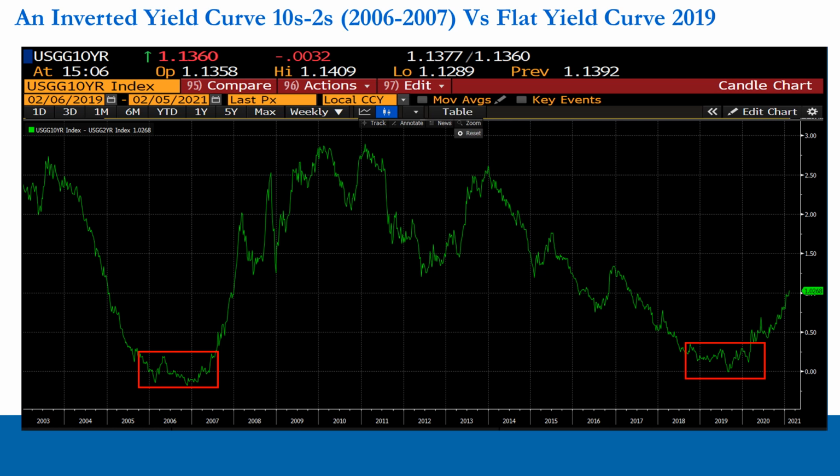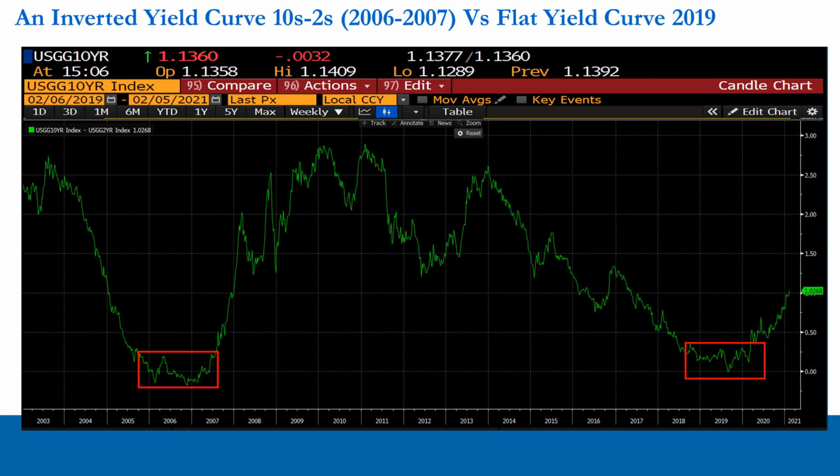And we've highlighted going way back to the 2006-7 period that preceded the global financial crisis. You can see that in 2006, the 10s minus 2s went below the zero bound, meaning 2-year yields were higher than 10-year yields. Okay. And of course, they went positive at a period in time, which we can see visually on the chart.